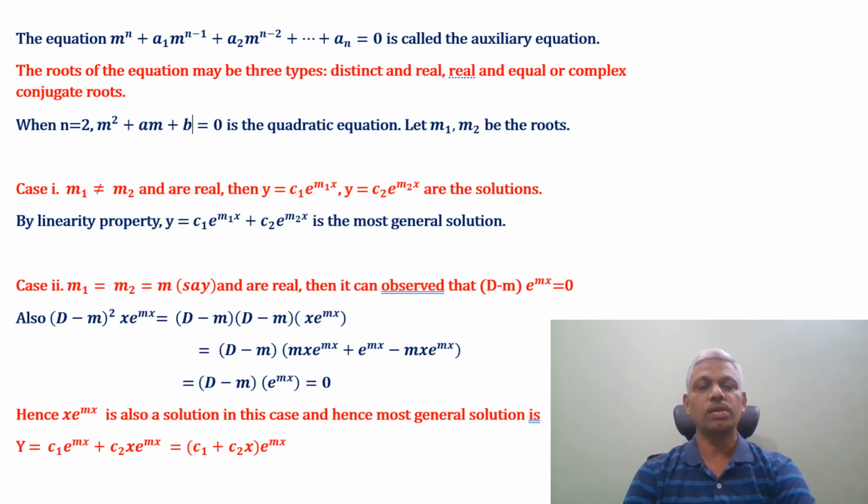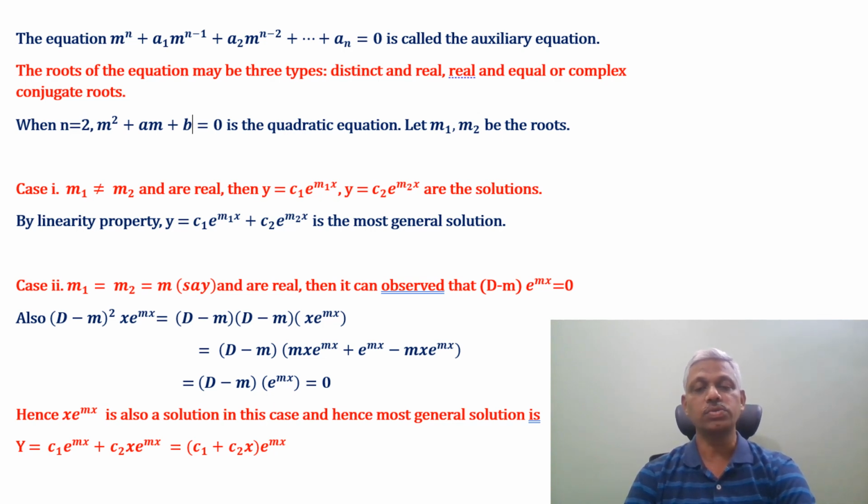Consider (D minus m) square applied to x e power mx. It can be written as (D minus m) into (D minus m) applied to x e power mx, so that the inner part (D minus m) can be applied on x e power mx. That gives m into x into e power mx plus e power mx minus m into x e power mx.